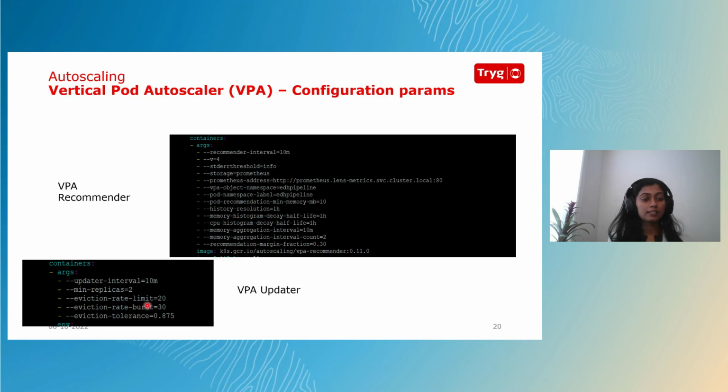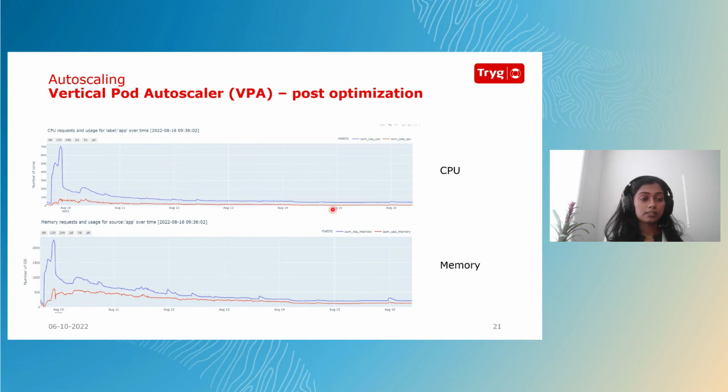So we have set the eviction rate, rate burst and rate limit, and the number of minimum replicas that have to be running at any given point in time for a stateful set or a deployment. We could also configure which namespace to confine the vertical pod autoscaler to. Many such parameters are available, so you can play around with this. It takes a little bit of experimentation to get to the right value for your use case, but it is worth it because you get to this.